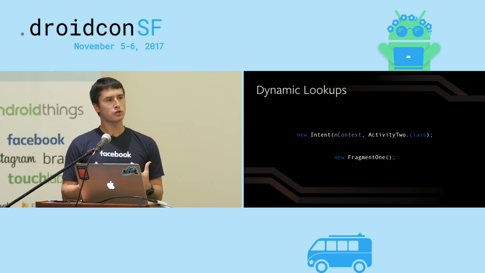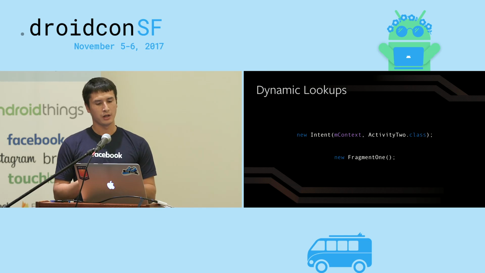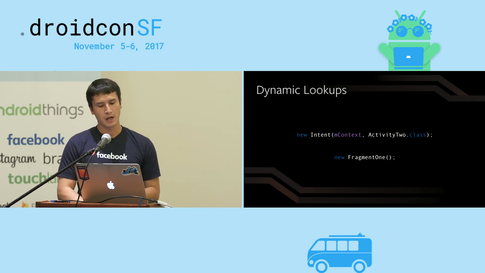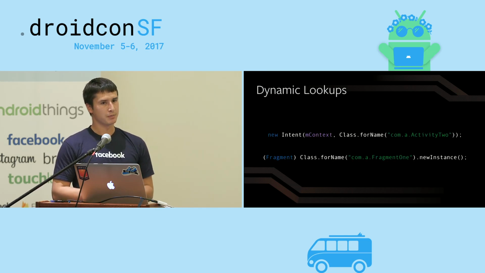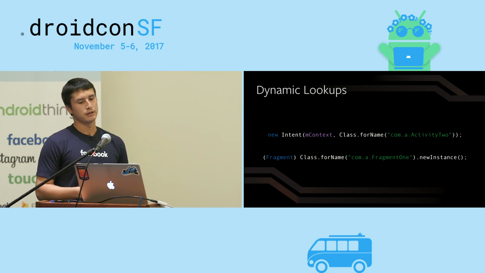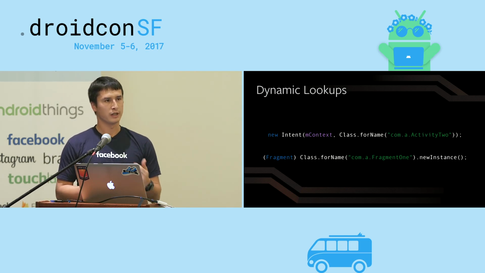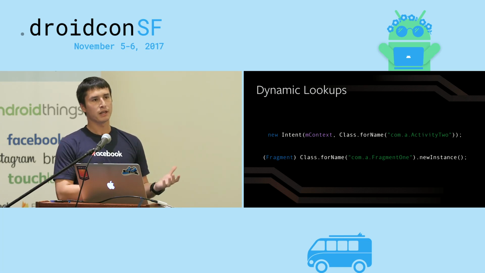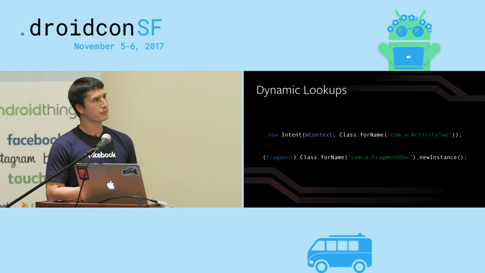Next, you change the way that you invoke these modules. Modularizing your code usually means pulling out explicit references and replacing them with dynamic lookups. Here, I've taken the typical code for creating an intent or instantiating a fragment, and now I'm doing it dynamically rather than baking in that reference at compile time.